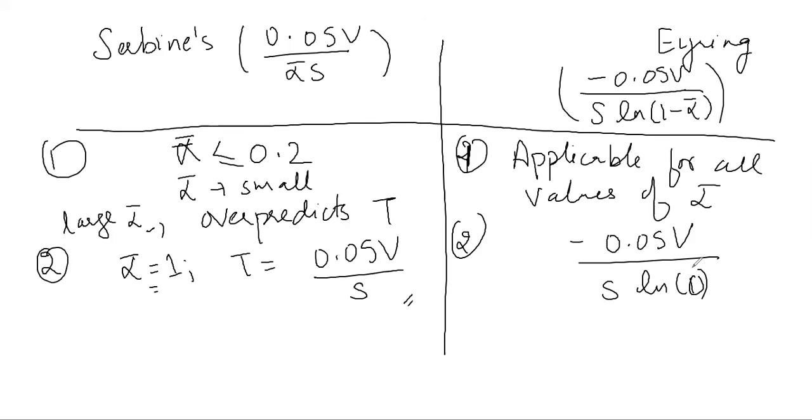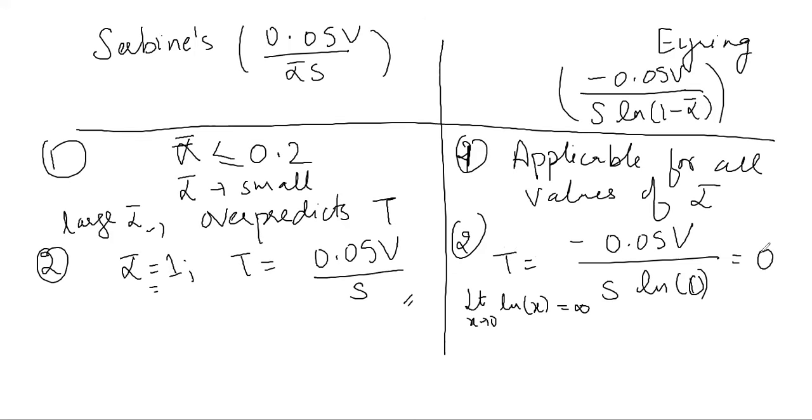When you have ln of x, in the limit x tends to 0, ln of 0 is kind of undefinable, but in the limit x tends to 0, your ln of x would be infinity. And in that case, you will get your reverberation time to be equal to 0. And that is what should have happened in the case of a perfect absorber.